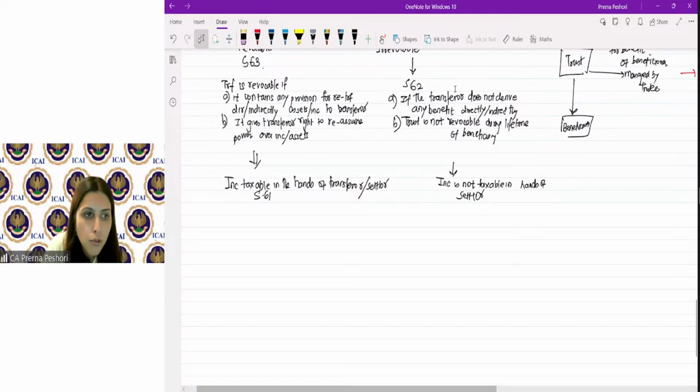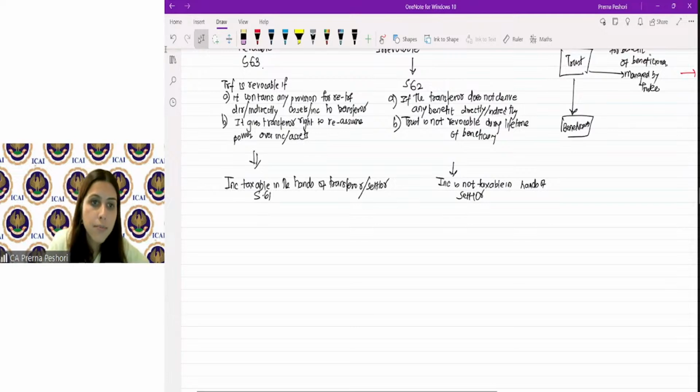Also, one more important point over here, in case of the clubbing of income, before we move further. If the transfer is made to a trust for the benefit of the spouse or for the benefit of daughter-in-law, then the income will be clubbed in the hands of the settlor.